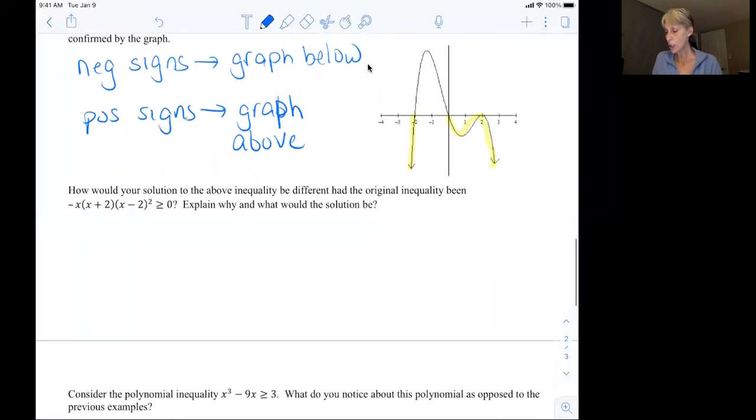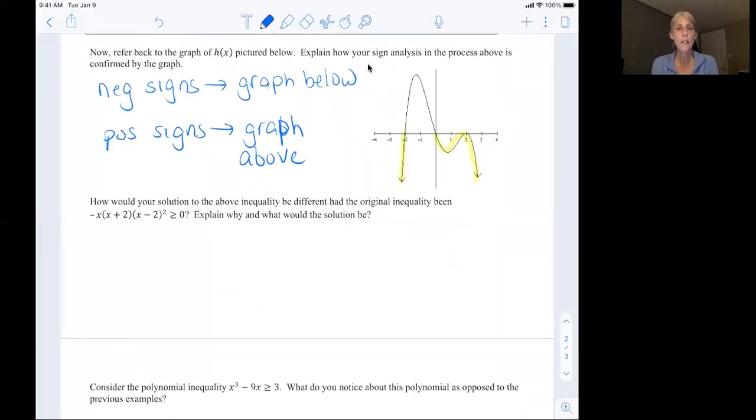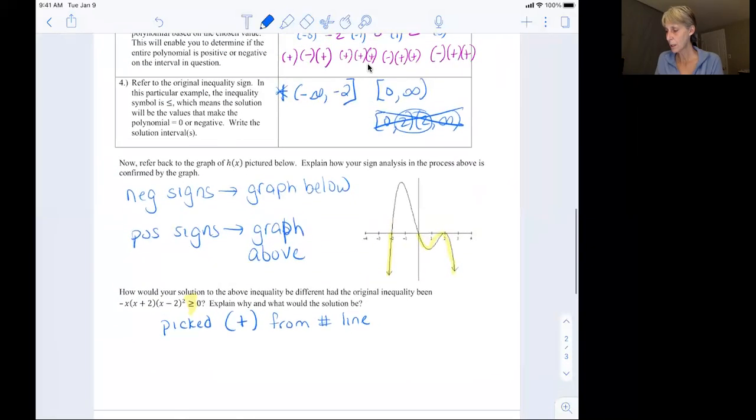How would your solution to the above inequality be different had the original inequality been greater than or equal to? In this case, we would have picked the positive from our number line. So let's just go back and do that now, right from our number line.